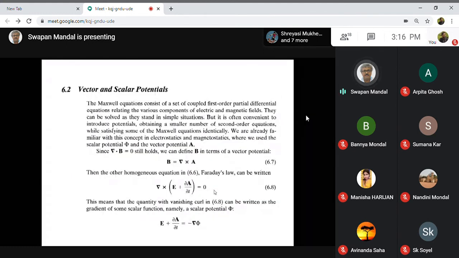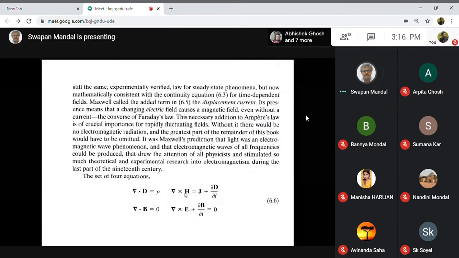Here means curl of B equal to mu 0 j plus mu 0 epsilon 0 del E del T. This is one of the Maxwell equations for free space. So I'm repeating, curl of B equal to mu 0 j plus mu 0 epsilon 0 del E del T. So this is the equation.